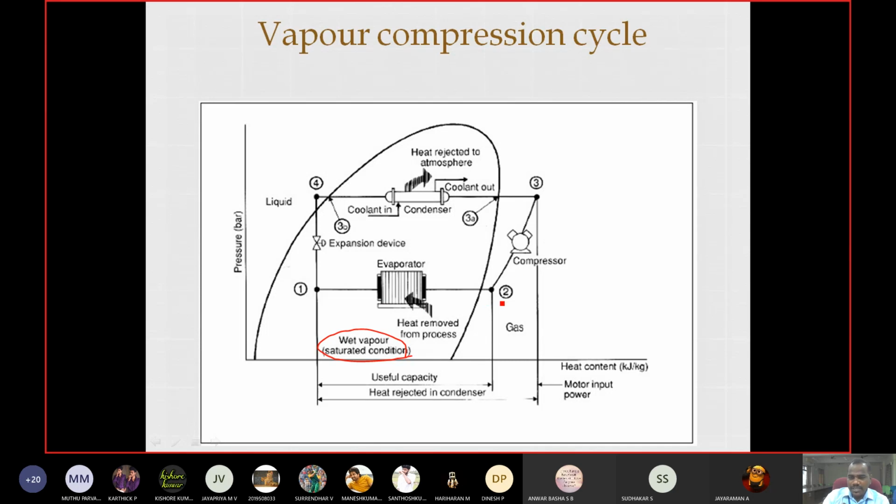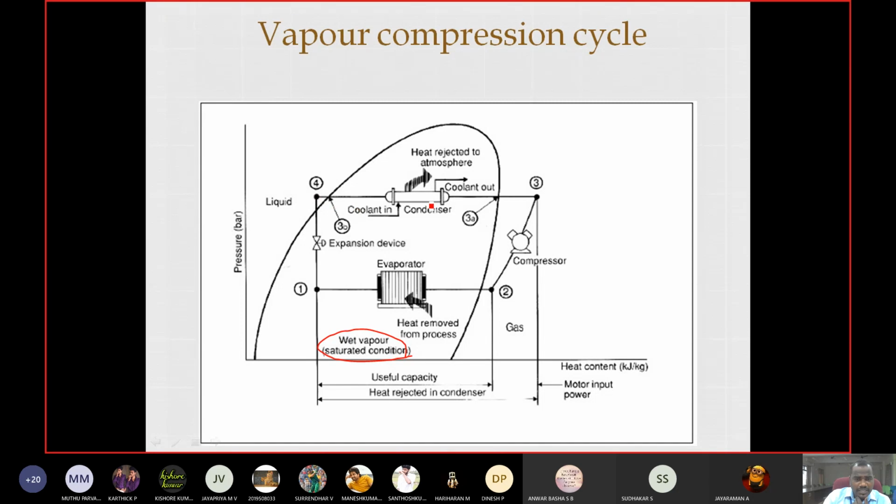So we know during compression this wet vapor gets compressed, and superheated gas will be released. Also in the condensing process, the heat rejection to the atmosphere will be happening. So we will use a coolant, or normal water may be used, to get the heat transfer in the condenser, right?